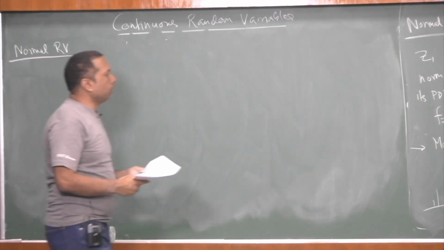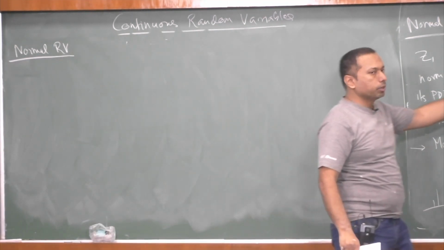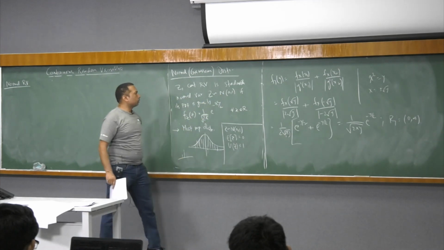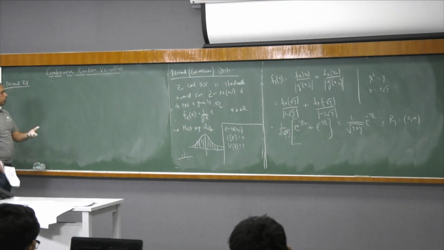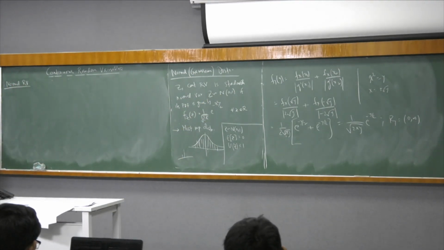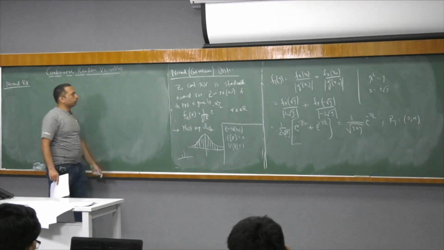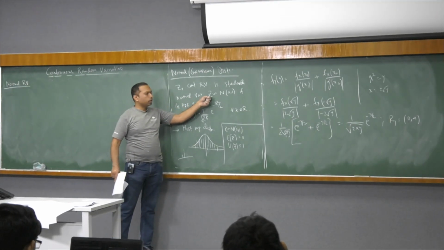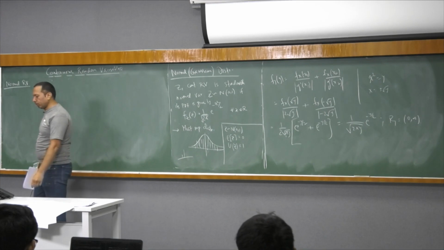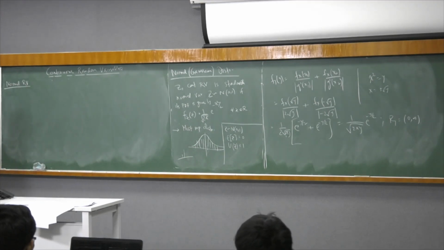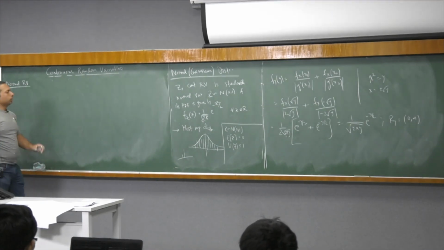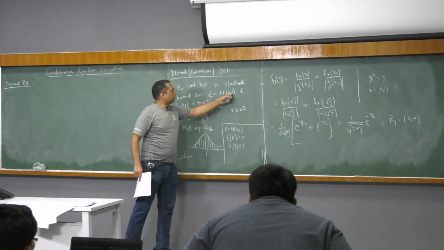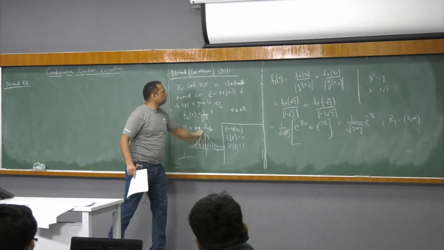A normal random variable is obtained by scaling and shifting the standard normal. So I will define a transformation which does a scaling of z by some sigma and shifting of that variable by let's say mu, and then it becomes a normal with mu and sigma.